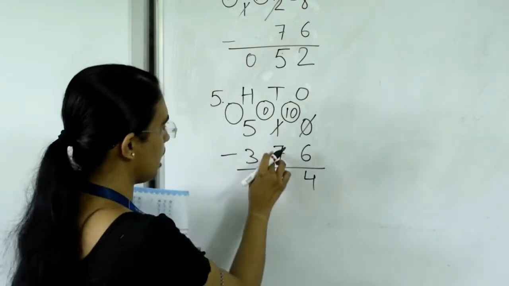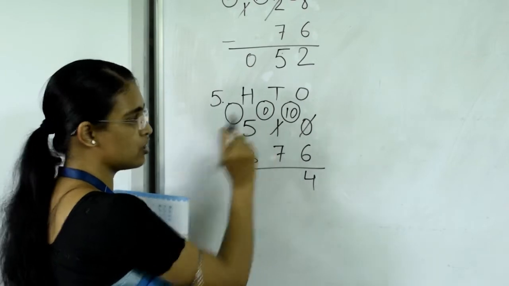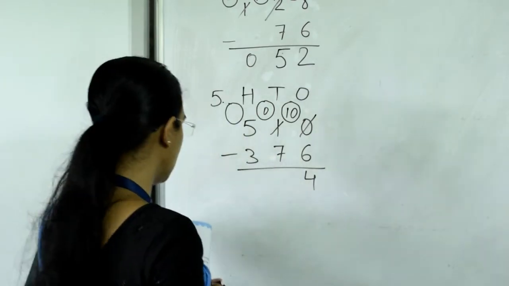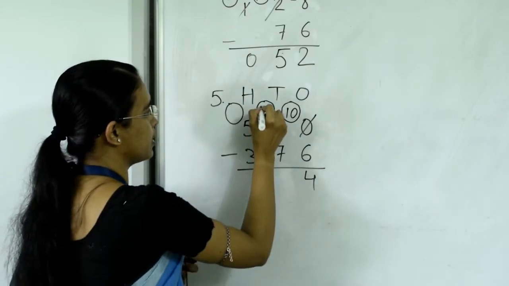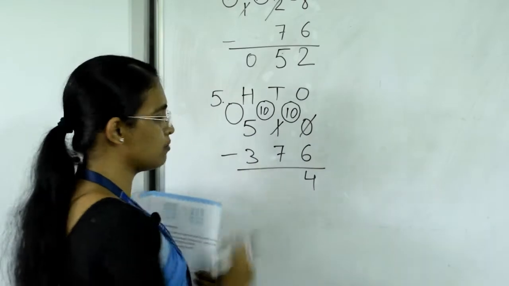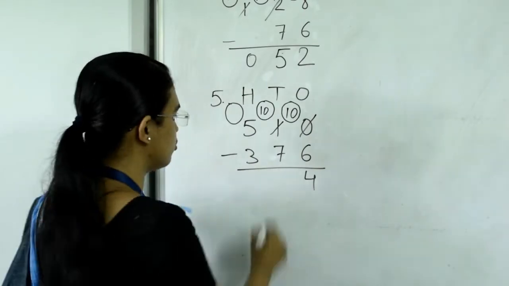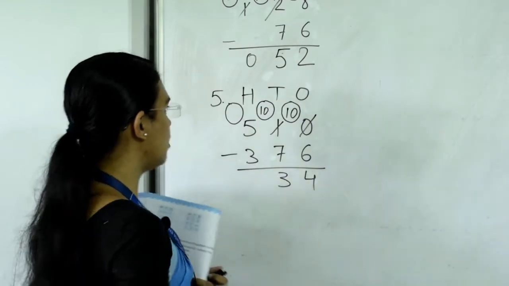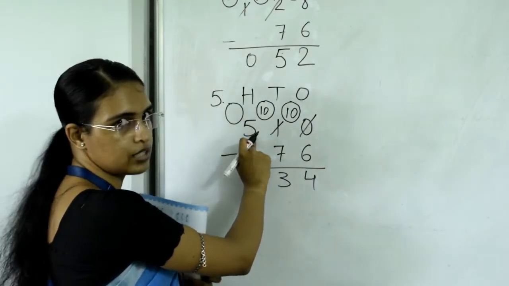But at the down we have 7, so 7 is bigger, 0 is smaller, so what we have to do, we have to take carry 1 again, so 0 becomes 10. So now we can subtract 7 from 10. So what comes after 7? 8, 9, 10, 3. Now this carry 1 will subtract from this number 5.